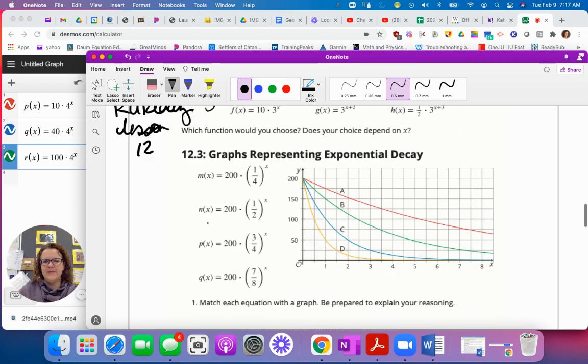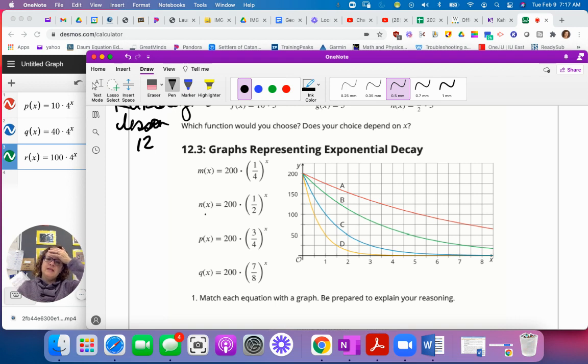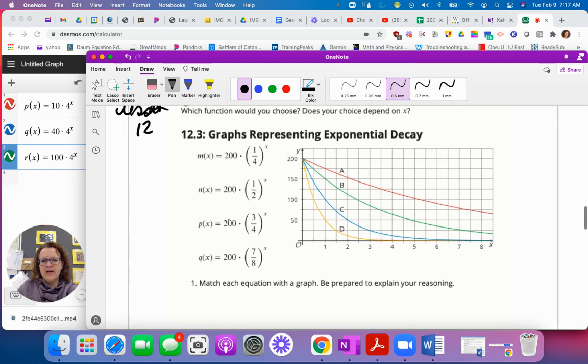All right, so graphs representing exponential decay. Match each equation with a graph. So they each have the same initial value. 1/4 is the smallest growth factor, and this is the amount remaining. 1/2 is the next biggest growth factor, so it's the next most remaining.